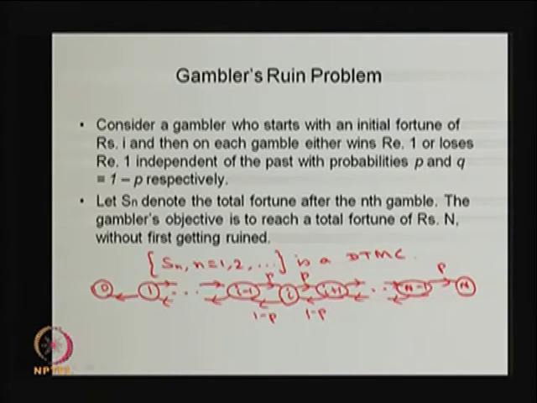Therefore, this stochastic process will form a discrete time Markov chain. If you notice, if he lands up with 0 amount at the nth game, then he is ruined. If he gets N rupees for the first time, then the game is over.